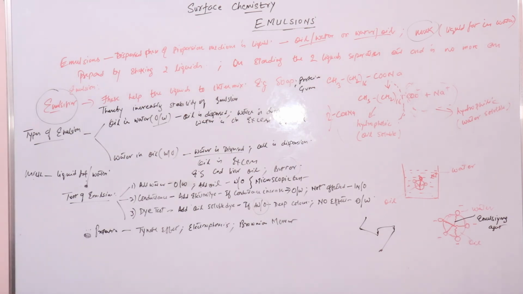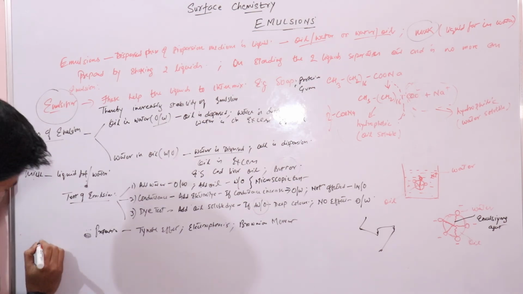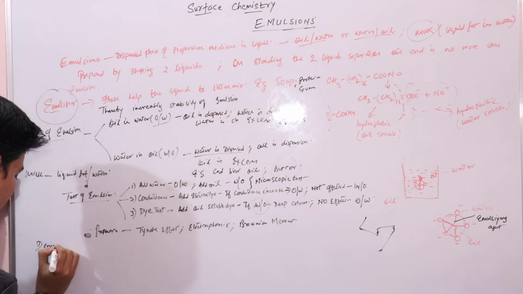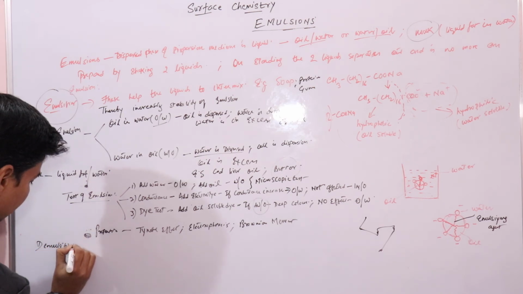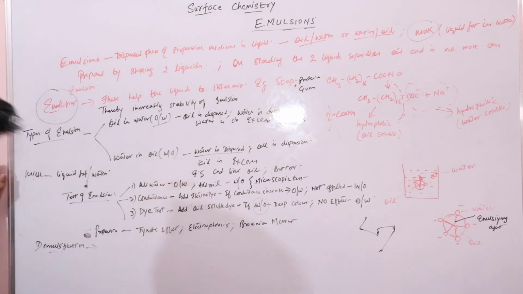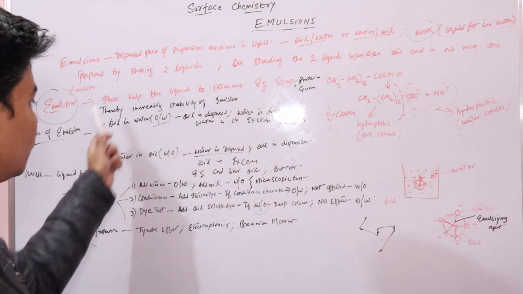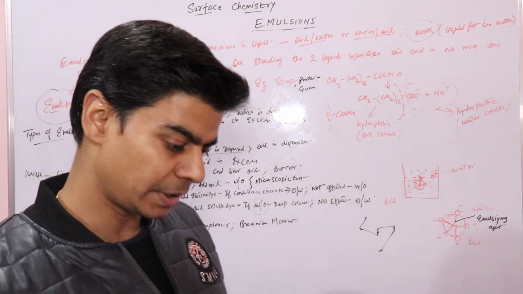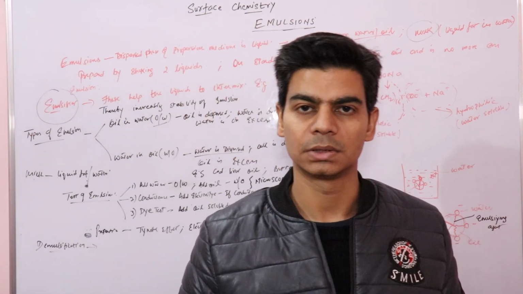Now, emulsions can be separated into constituent liquids. There is something known as demulsification. Demulsification is, if you have an emulsion of oil in water or water in oil, separating the two components, water and oil.